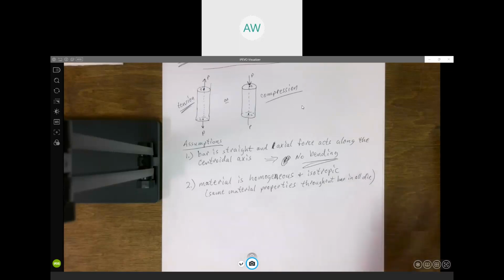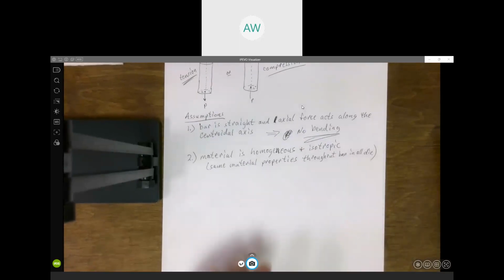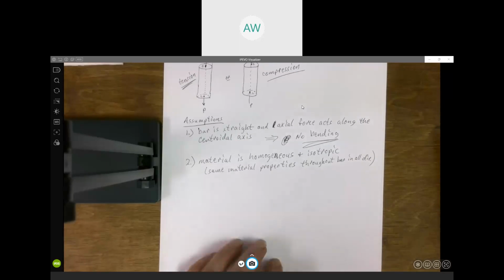So that's the reason for this assumption. We're assuming that each of these axially loaded members is all the same material. And if you had different materials, you could get bending. So that's the whole purpose of those assumptions: to assume that we're not bending the bar.